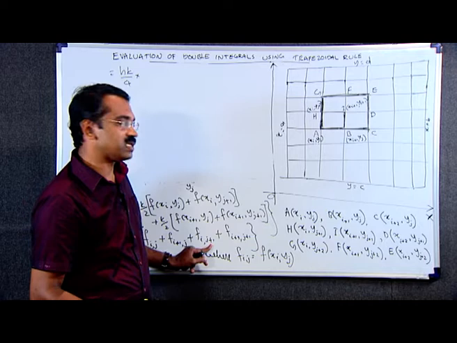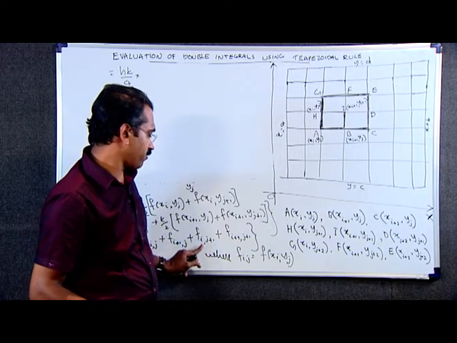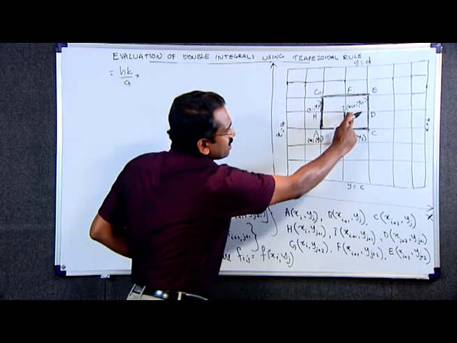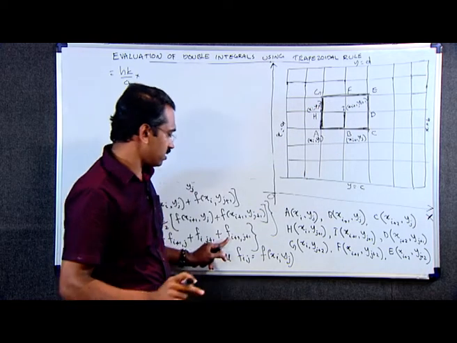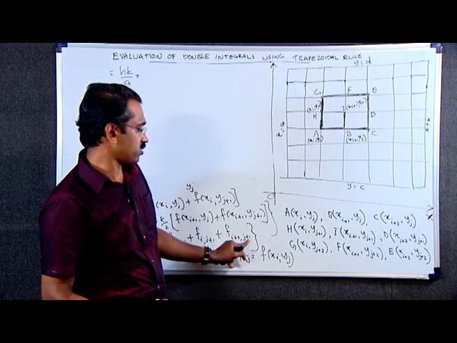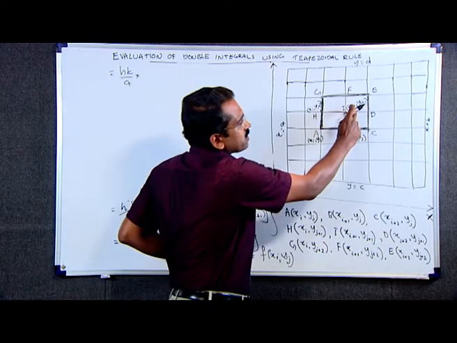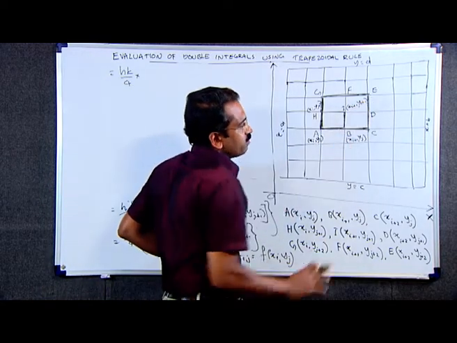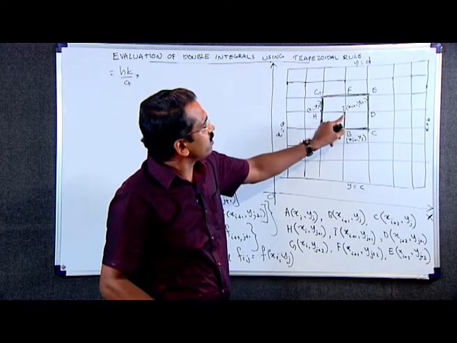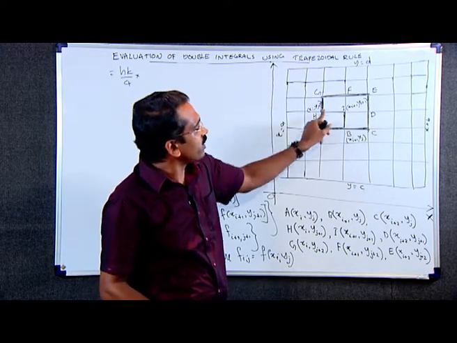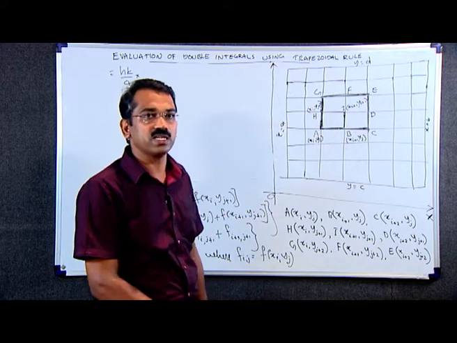F I comma j plus 1 means the value of the function f of x y at the point xi yj plus 1, and f I plus 1 comma j plus 1 means the value of the function f of x y at the point xi plus 1 comma yj plus 1. All these points are the corner points of this subrectangle.